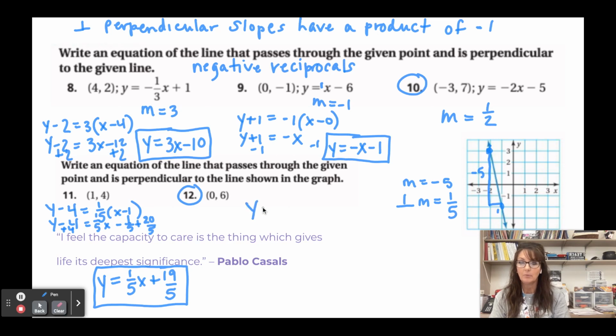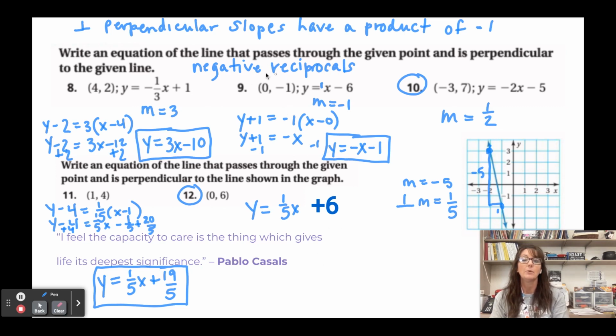Hopefully you came up with 1/5 x minus 6. That's what you should have chosen with any method you wanted. A really quick and easy way to see this is because the point you were given is actually the y-intercept. So without any calculation whatsoever, you could have gotten there. Kind of like here.